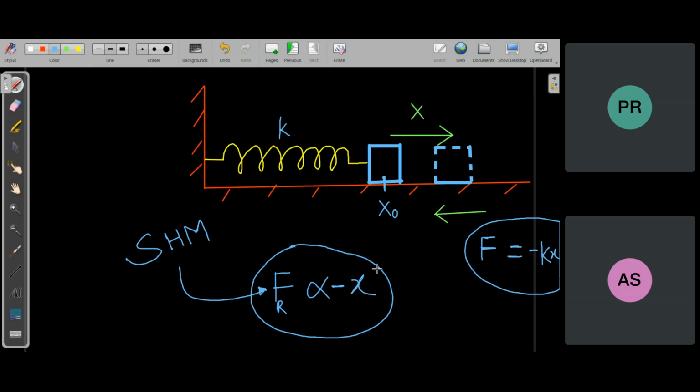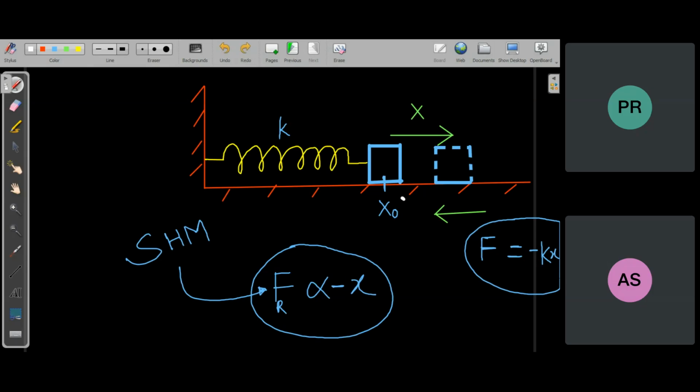Here, the major mistake that students make is they take it as the x coordinate. So this x is not the x coordinate. This x is the displacement from the mean position, not from the origin.